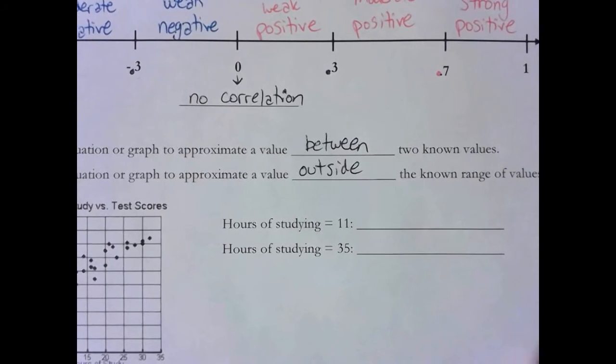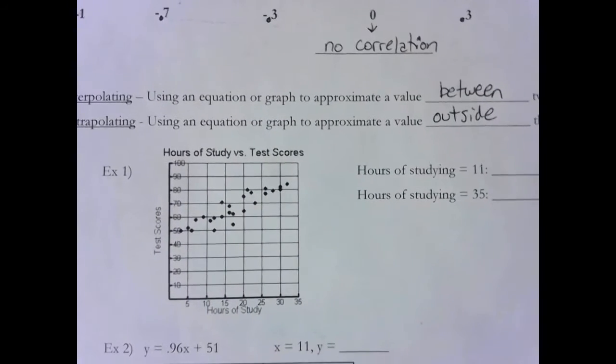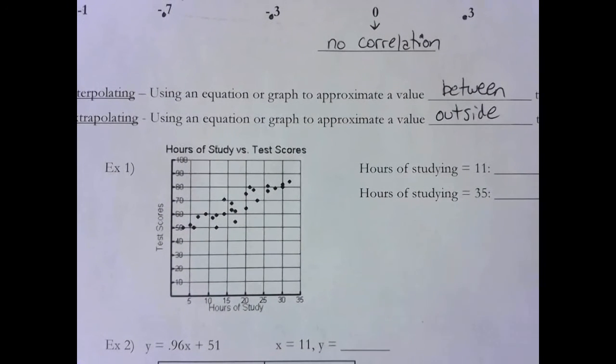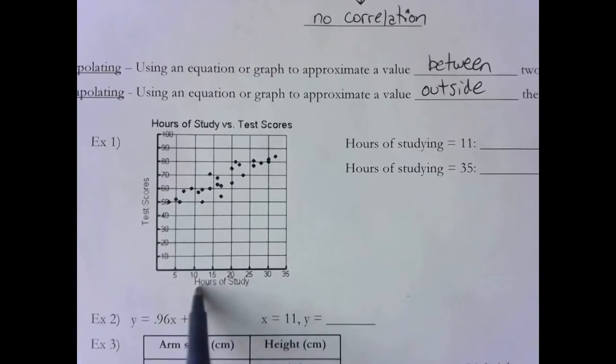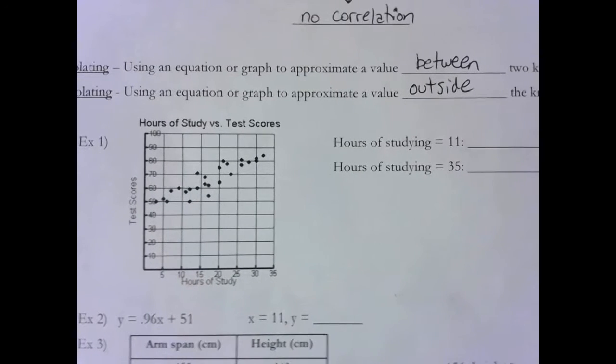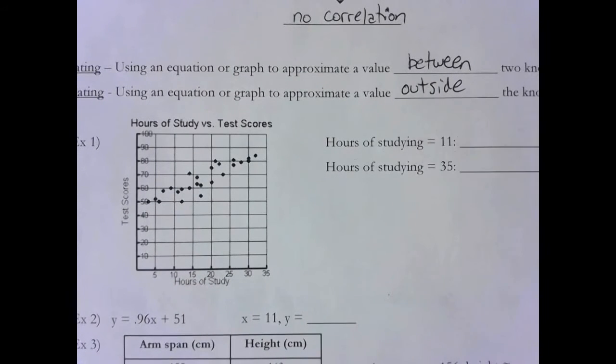Let's see some examples. Example number 1. So we got the hours a student studies and their test score. If I'm told, hey, I want to know approximately, if I study for 11 hours, what can I expect my test score to be? Well, let's look.